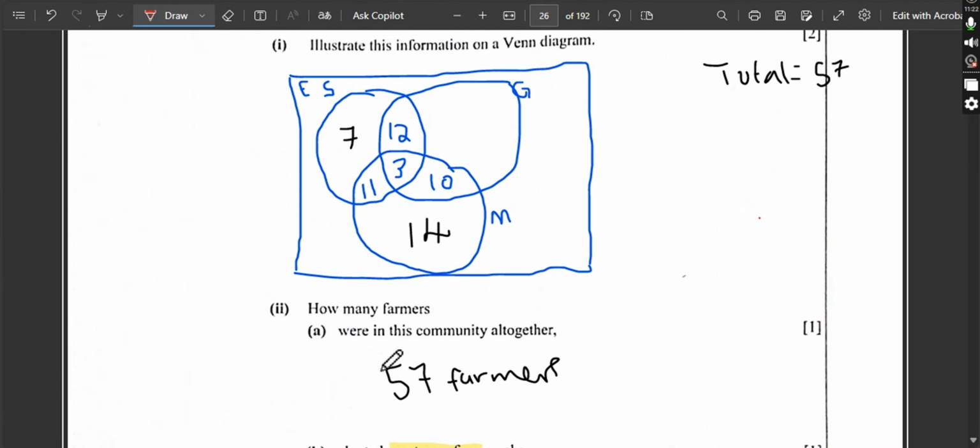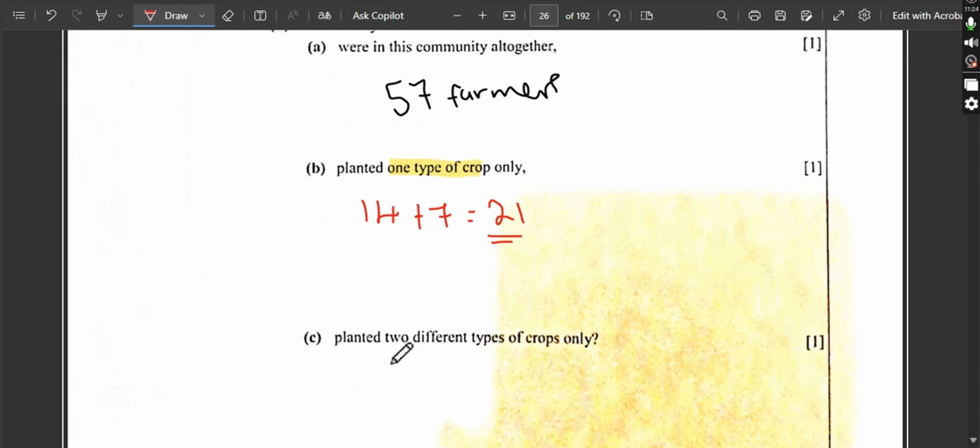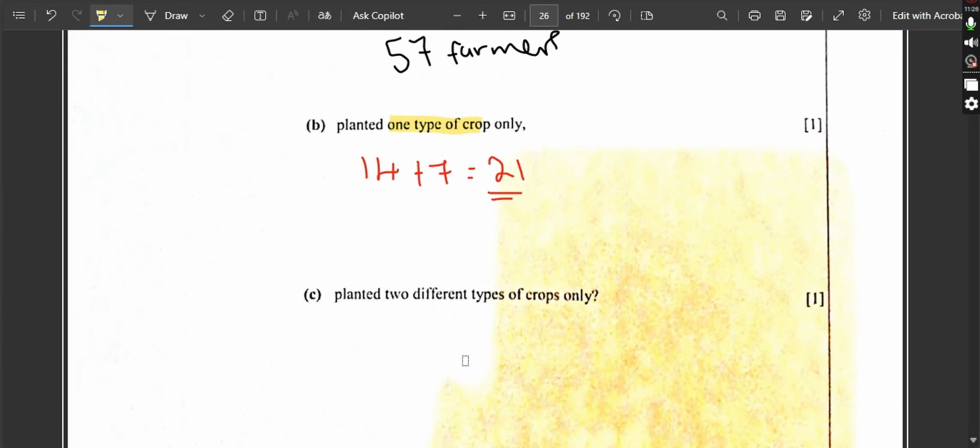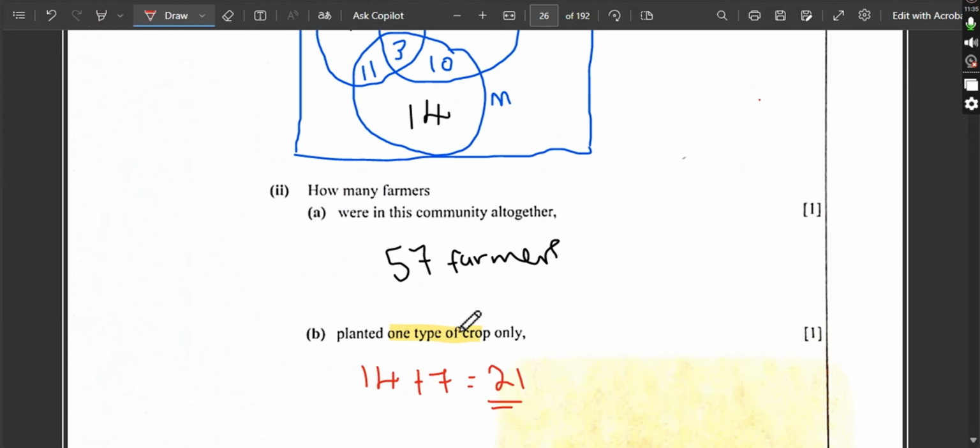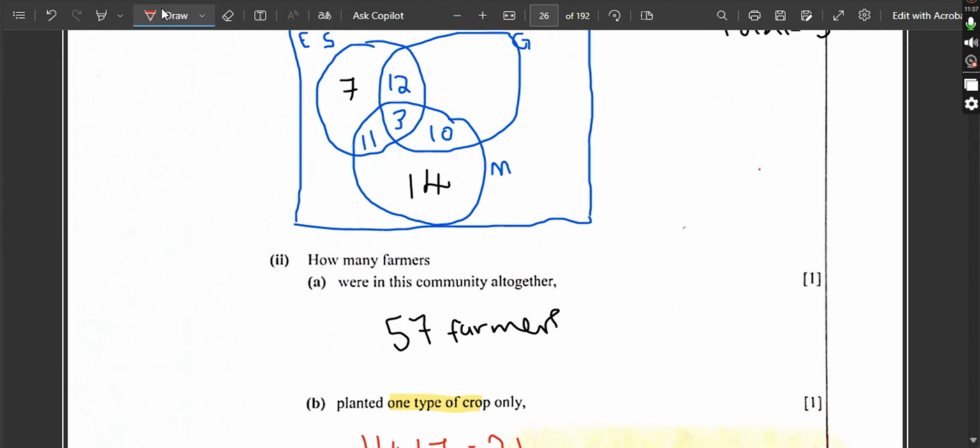Planted two different types of crops. So here, two different types of crops, you pick those ones which are on the intersection for two sets. Which ones are on the intersection for two sets? 12, 11 and 10.